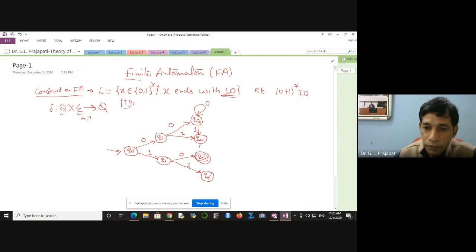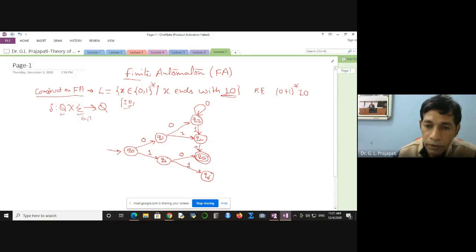So you have to come for the 0 to here, the Q5.